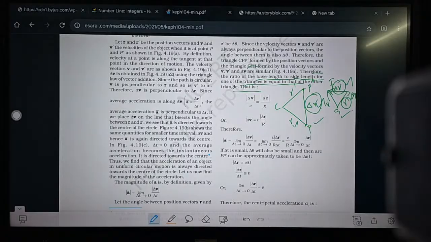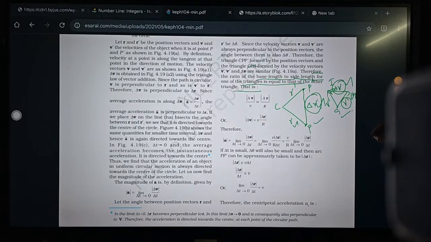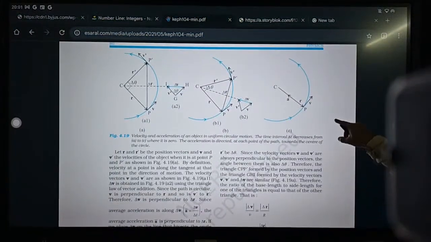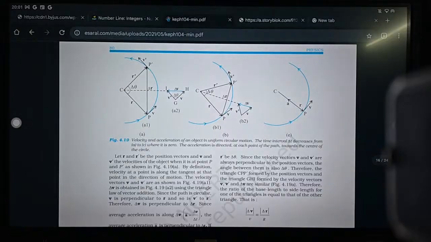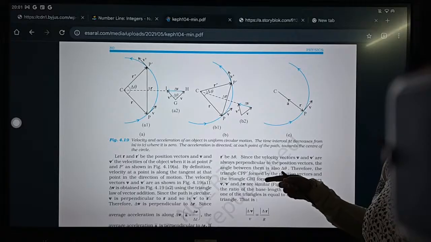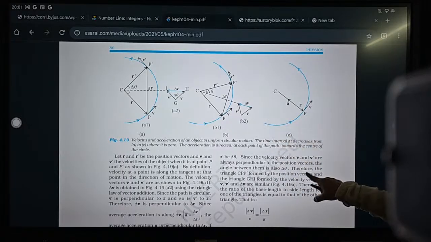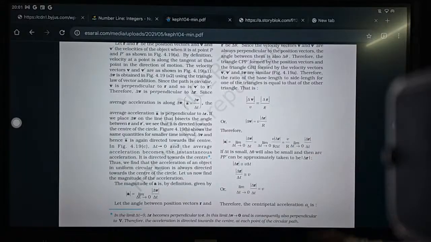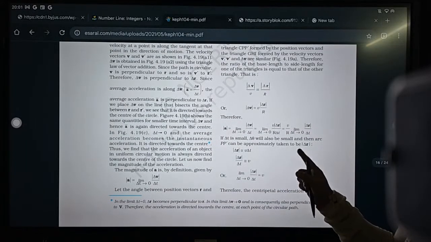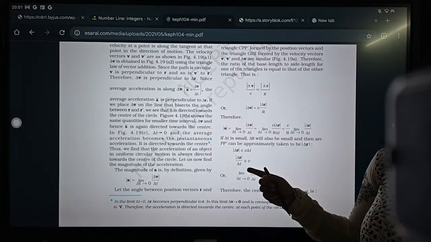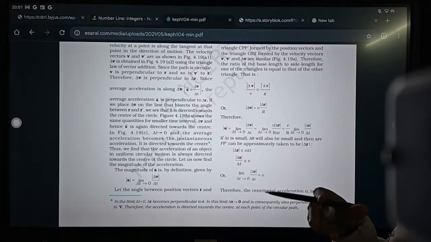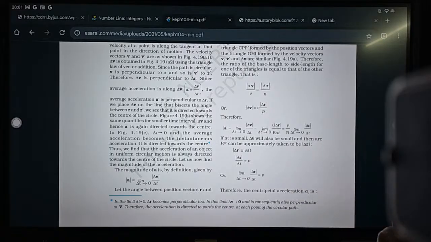See the picture. This is taken as the picture. Capital R is given as the radius of the circle. So delta V by V and delta R by R. That means they have taken the change in velocity by the original velocity, and the change in the radial length by the original length.